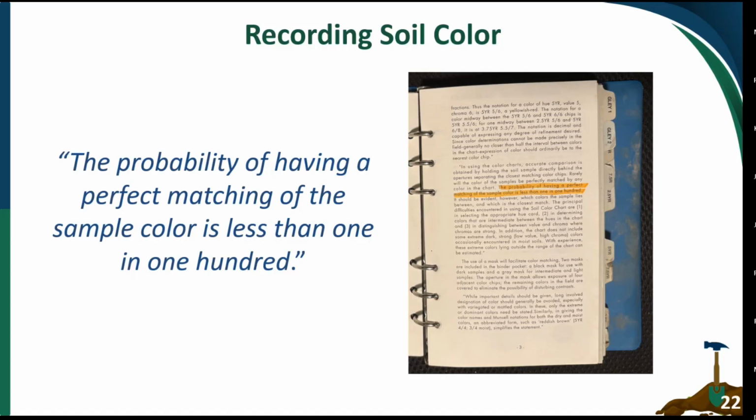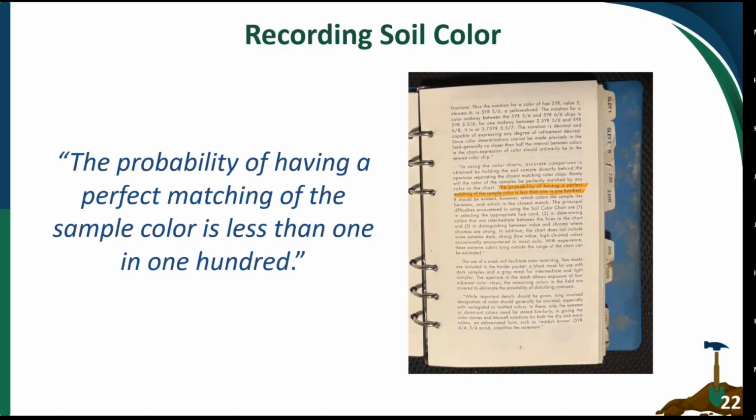Something else about recording colors. In the beginning of the Munsell soil color charts, there are a couple of pages of information that provide really good guidance about the Munsell soil notation system. If you've never read them, I highly recommend that you do.